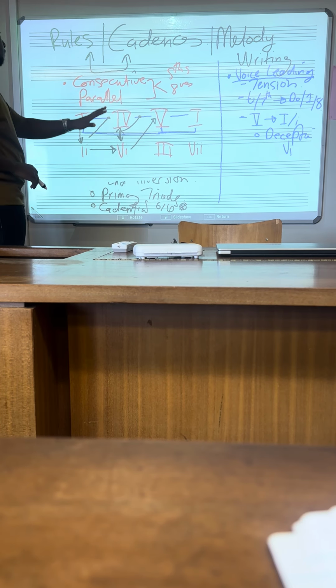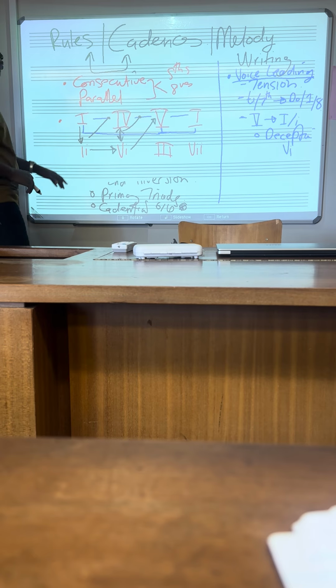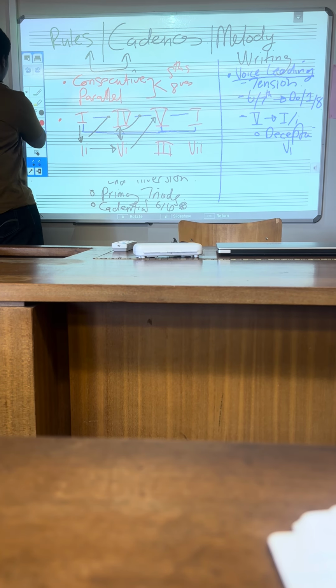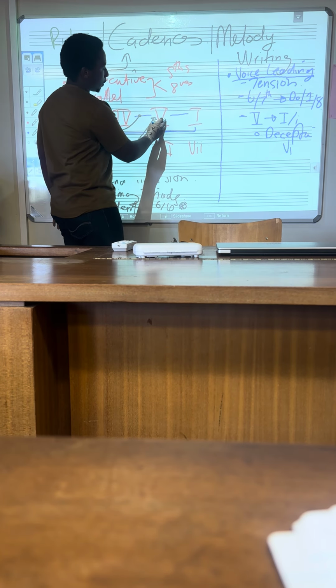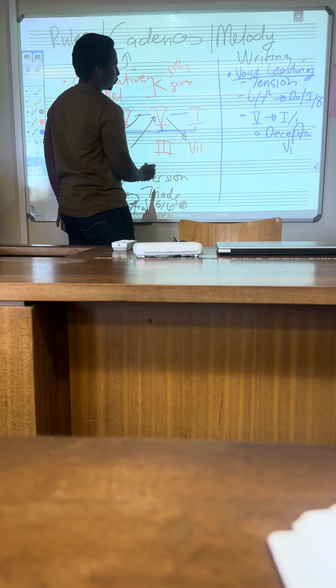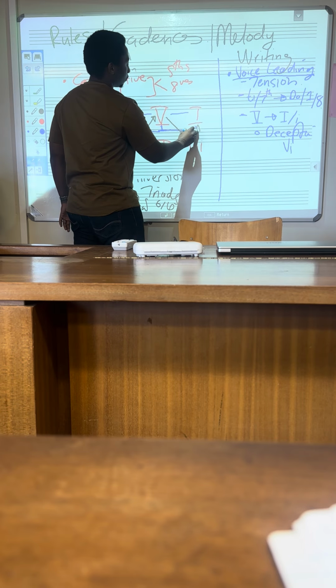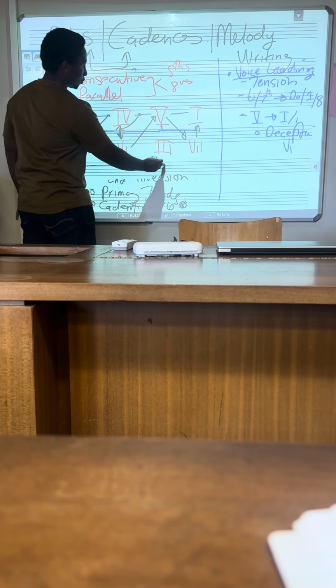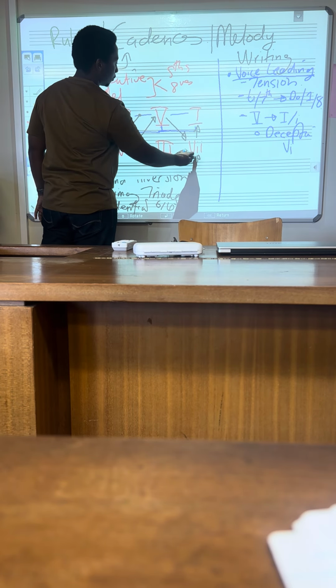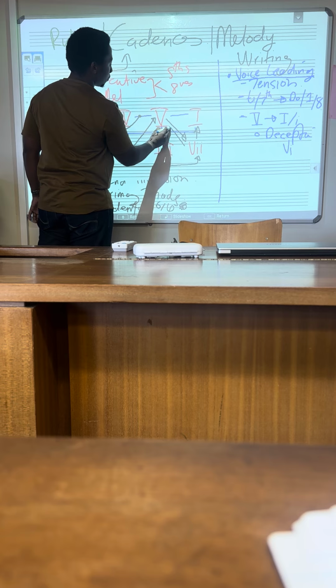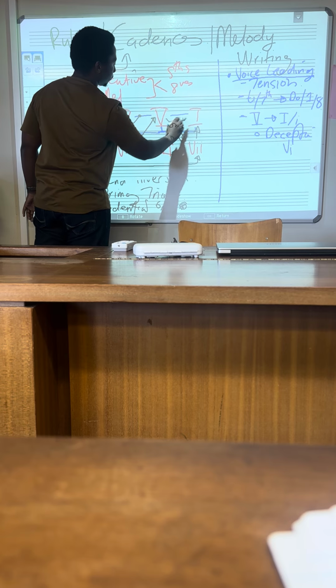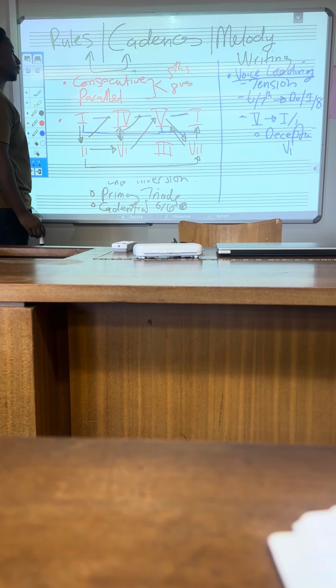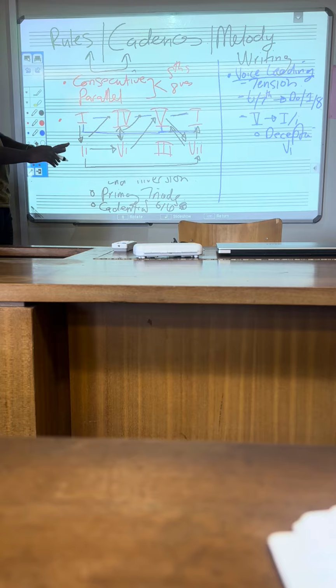So these are the possibilities that you can use. Chord 7: you can approach it with 5, into 1. You can also go from 2 to 7 to 5, or you can go 7 to 5 to 1. So these are the options that you have.